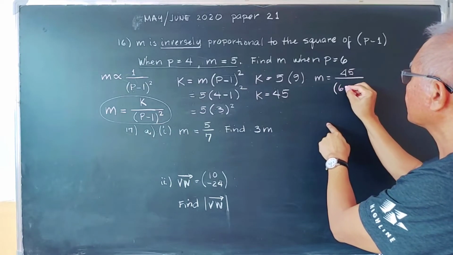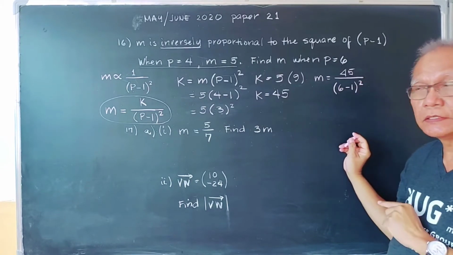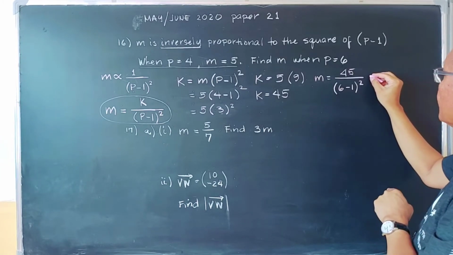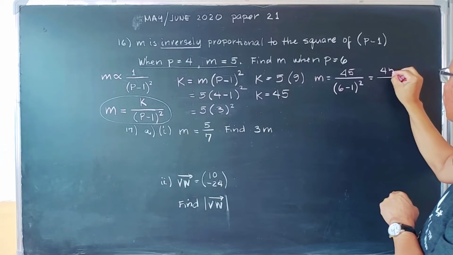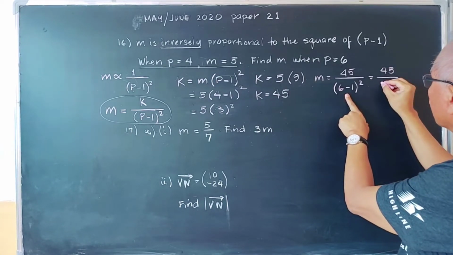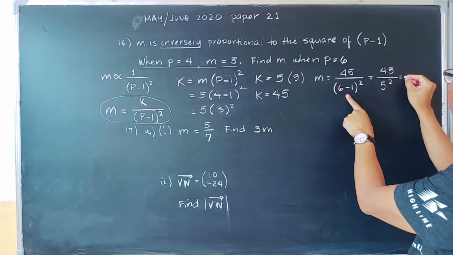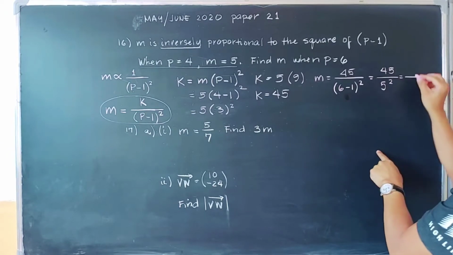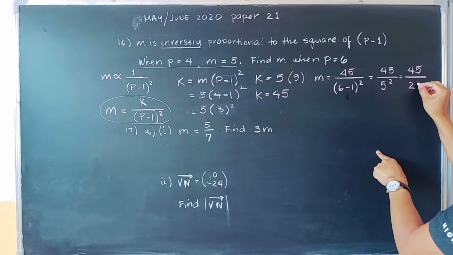So 6 minus 1 squared. So this is now equal to 45 over, 6 minus 1 is 5, so you have here 5 squared, and this one is 45 over 25.